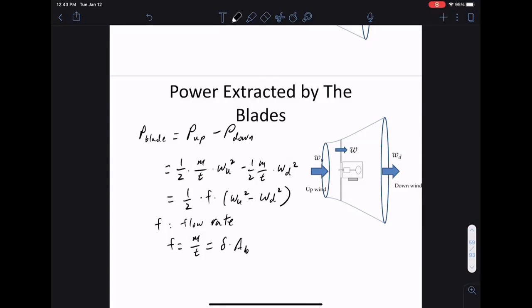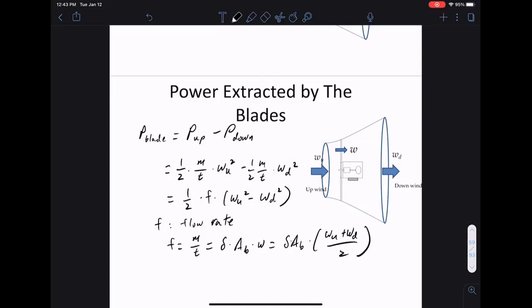This is multiplied by the speed of the wind at the blades. So we substitute the speed of wind with the assumption we made before. So this is our mass flow rate.